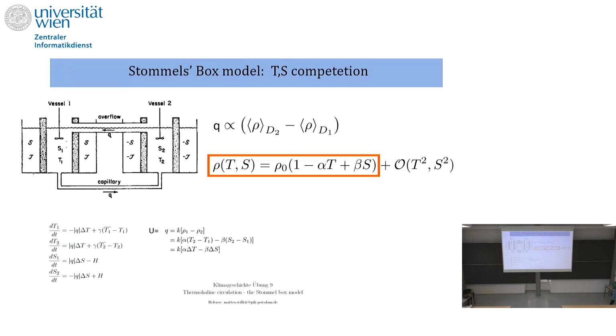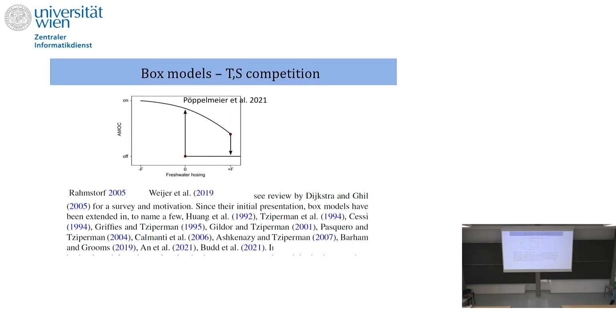and got a very interesting result: this dynamical system has, in fact, bistability. So for the same parameter values, you can have one solution in which the AMOC goes from south to north, as it is now, or you could have it vice versa.